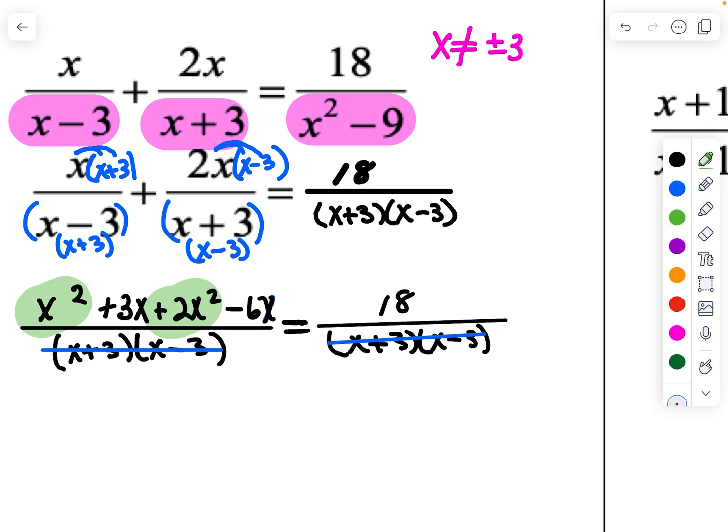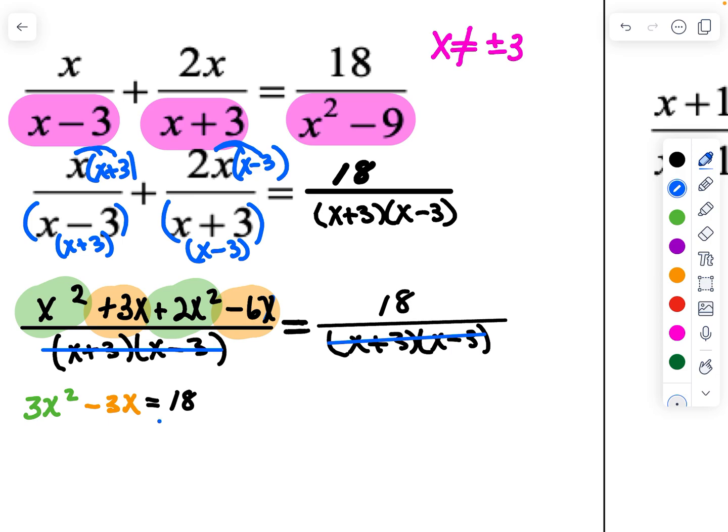So if I combine those two things, I'm going to have 3x squared. I have a 3x and a negative 6x, which is going to give me negative 3x. And then I have equals 18.